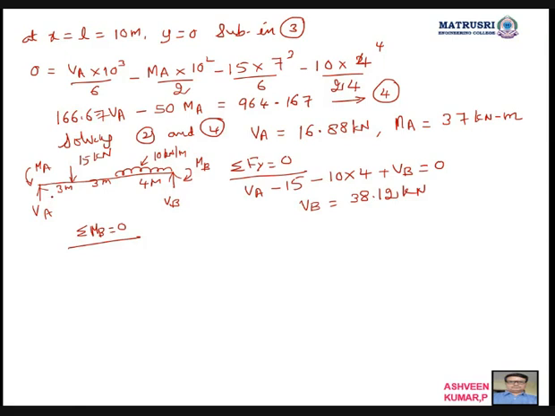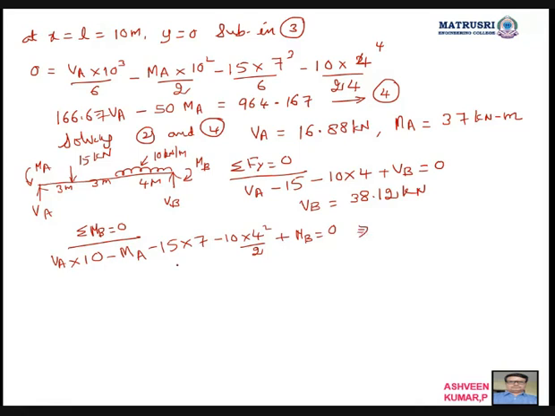Moment about B: VA into 10, clockwise, minus MA, minus 15 into 7, minus 10 into 4 square by 2, and clockwise, so plus MB is equal to 0.